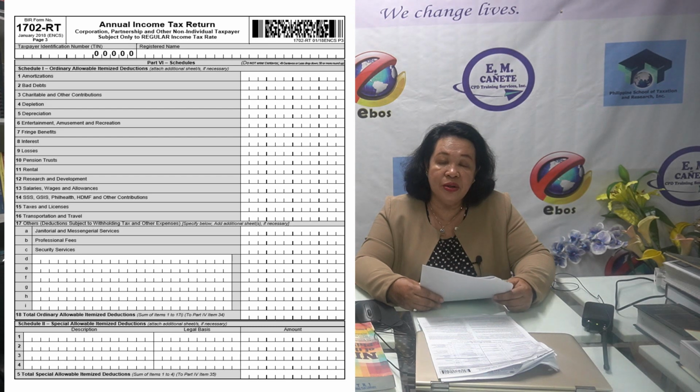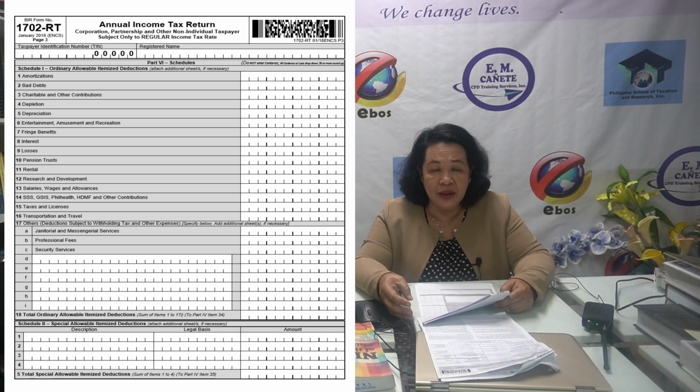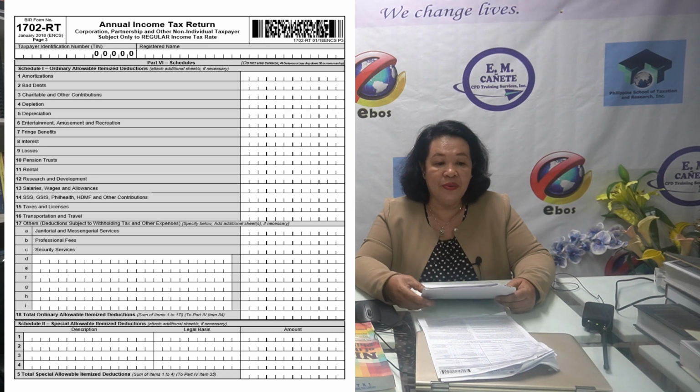Number 4 is depletion. What is this depletion all about? You have mineral resources, and those mineral resources will be depleted or exhausted after a certain year. Then the government will give you an allowance so that after the exhaustion of those mineral resources, you already have the allowance.